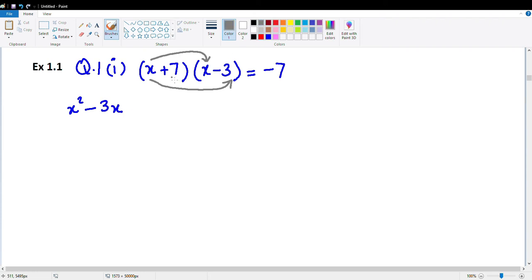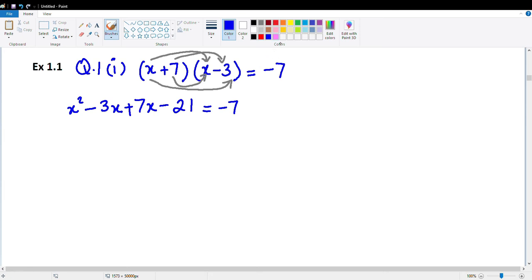And then next up is 7x. When we multiply 7 and x, I'm already multiplying it in my head, we get plus 7x, because both of them have the positive sign. And next 7 with minus 3, and when we multiply it with minus 3, it'll be minus 21 equals minus 7.